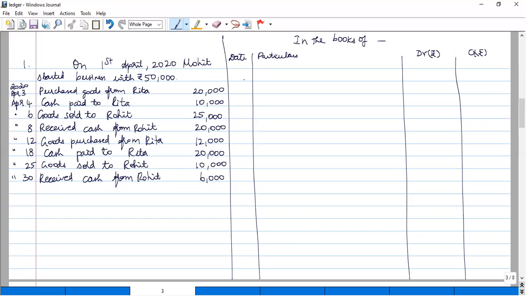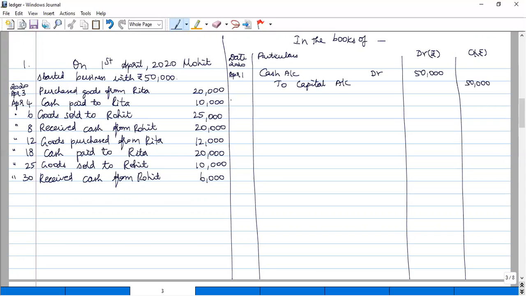Now the first entry is on 2020 April 1. Mohit started business with rupees 50,000. So cash has come into the business. Cash account has to be debited, and to capital account, as it has been brought in for capital. The amount is 50,000.